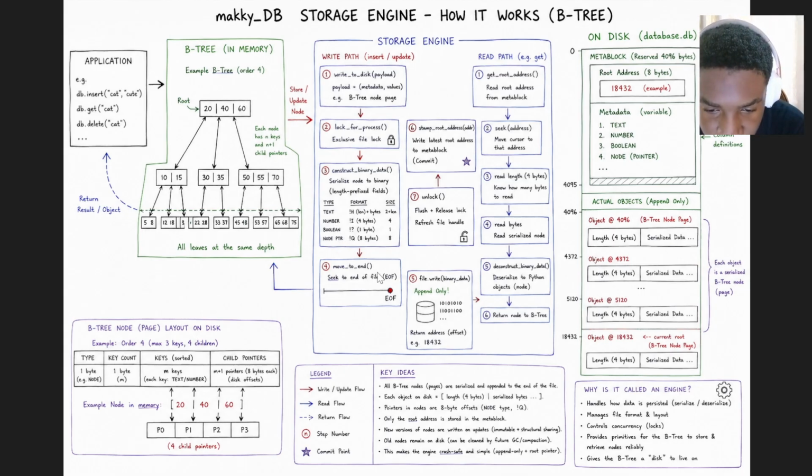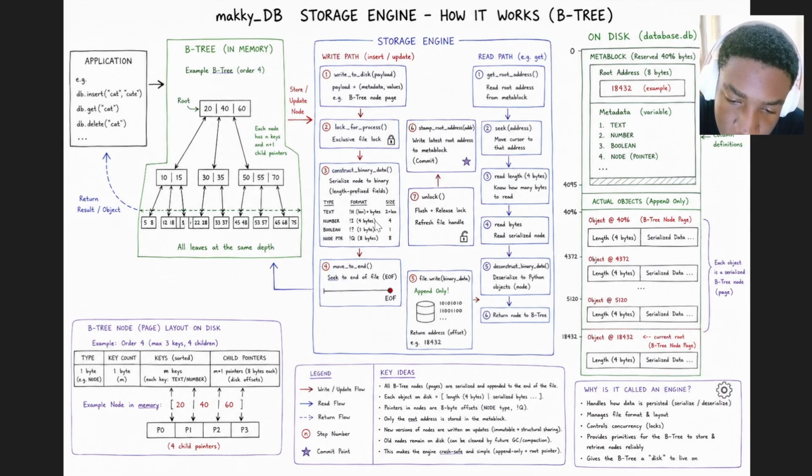And since here it is a text, the format here, the H and the exclamation mark, basically tells the struct module, the built-in library that we are using to store this data, to first serialize the text.